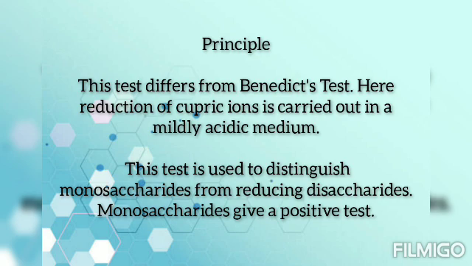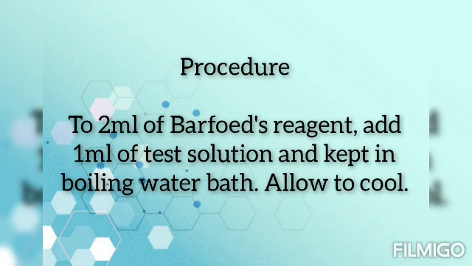Monosaccharides give a positive test. Procedure: to 2 ml of Barfoed reagent, add 1 ml of test solution and keep in a boiling water bath, and after boiling allow all the test tubes to cool.